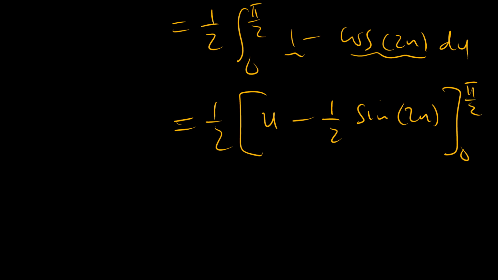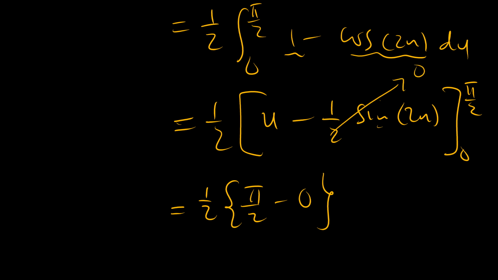As we can see, at both the upper and the lower limits, sine 2u, sine 2 times pi over 2 is sine pi, which is 0, and sine 0 is 0. So essentially what we're left with here is just a half times pi over 2 minus 0, because this goes to 0 at both limits, and this becomes pi over 4.